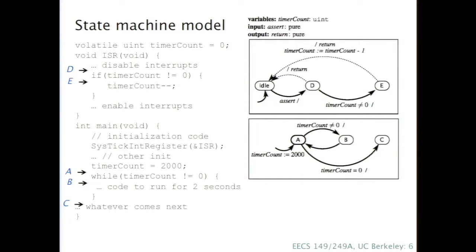This model doesn't say anything about what happens, because so far it doesn't include the interrupt service routine. But in fact, the C program also doesn't really say what happens. It's a perfectly valid execution of the C program to pause this indefinitely and let the interrupt service routines continue to execute. That is a valid execution, yes.